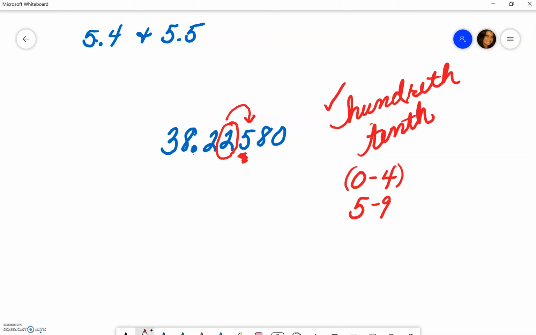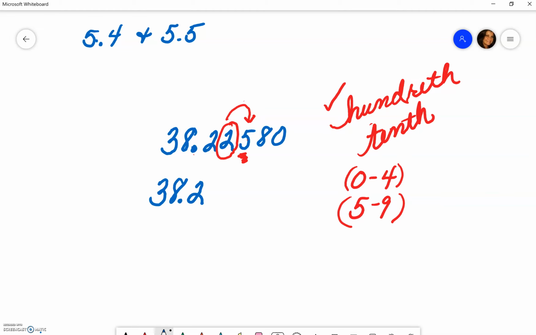If the number is from 0 to 4, you just leave the 2 alone. If it's in the range of 5 to 9, then that 2 will count up 1. And then everything else will drop. So looking at the 5, that will make that 2 count up. So our answer for this one, we just rewrite 38.2.